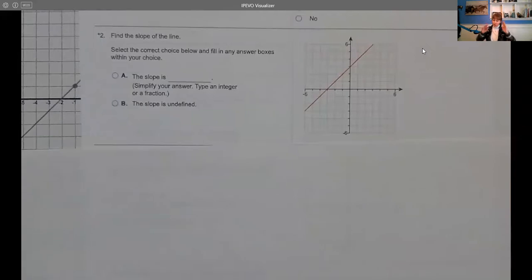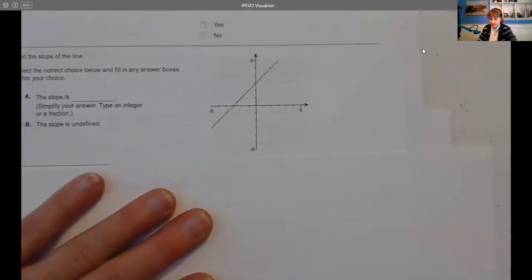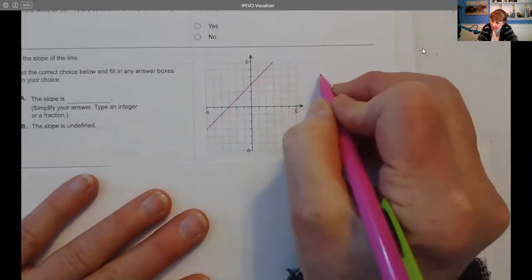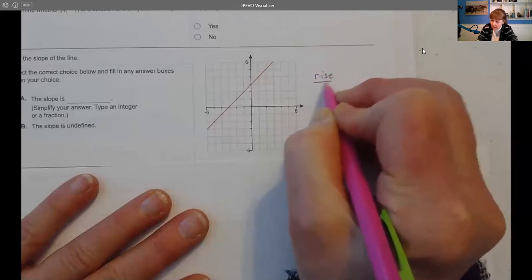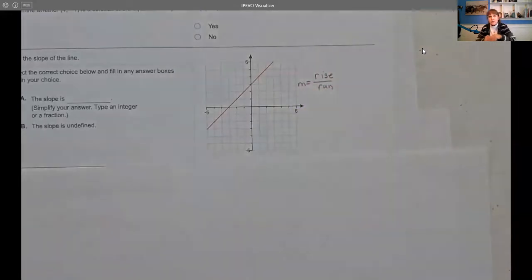So the slope is actually, let's see, I'll write it right here on this assignment. All right, the slope by definition is rise over run. And some of you may have heard this before. I'm going to use M for slope. So the slope is the rise over the run. So our slope is a ratio. And then you just need to make sure you reduce your ratio.